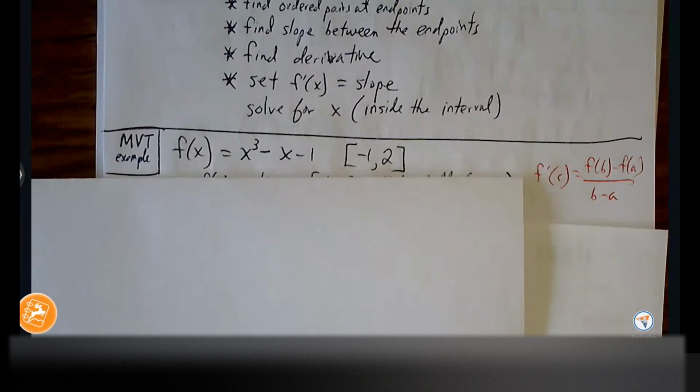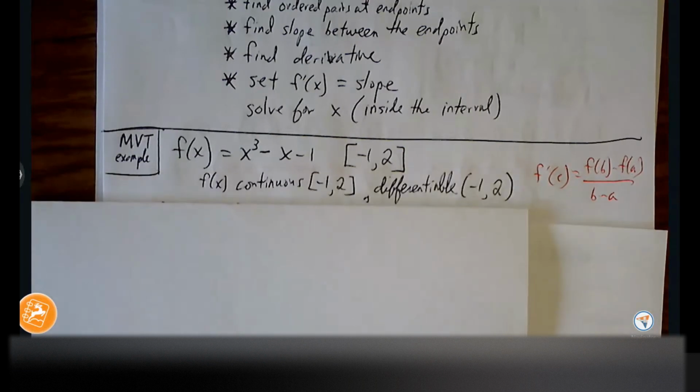The first thing I notice is it's a polynomial, so no issues with our graph, no vertical asymptotes, no holes, no sharp turns. So I know that my first two conditions are good to go. No issues with continuity, no issues with differentiability.